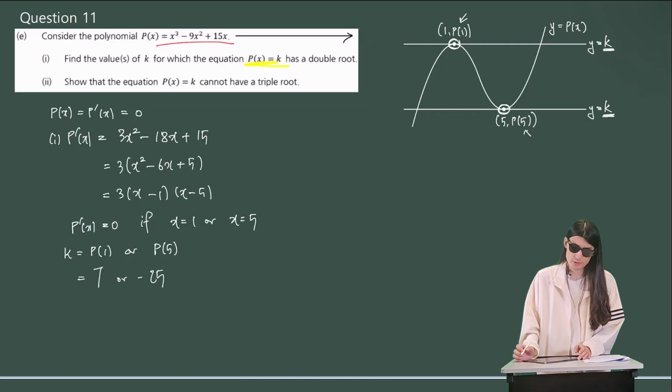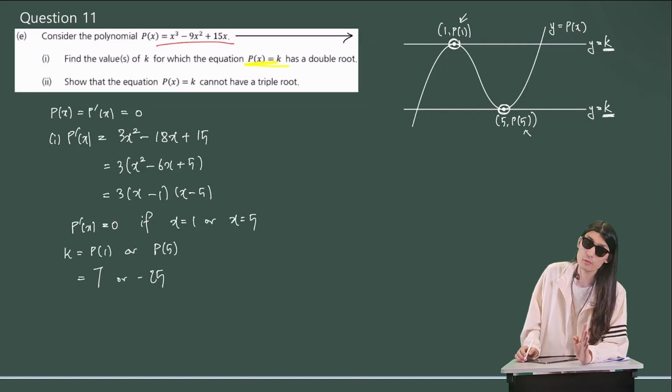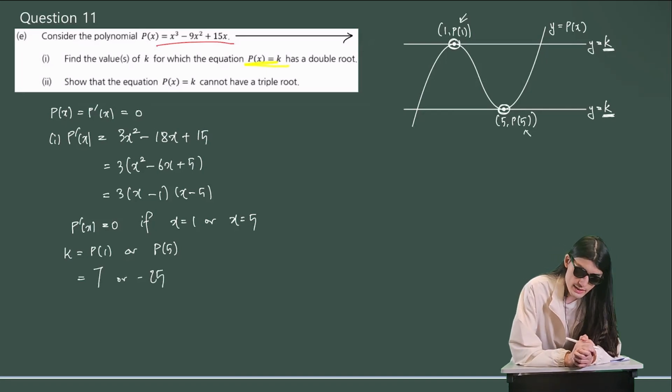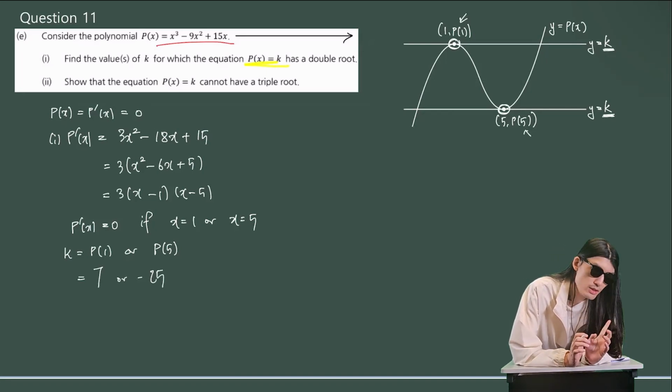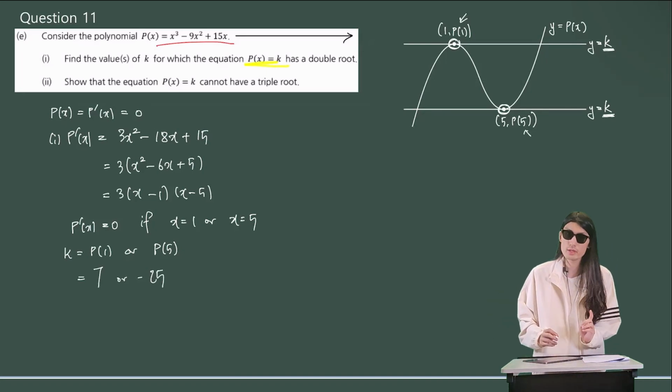Second part, show that the equation cannot have a triple root. Okay, again, then according to the multiple root theorem, if the equation has a triple root, then that triple root occurs at the value of x for which p(x), p dash x, and p double dash x is equal to 0. Multiple root theorem, okay?